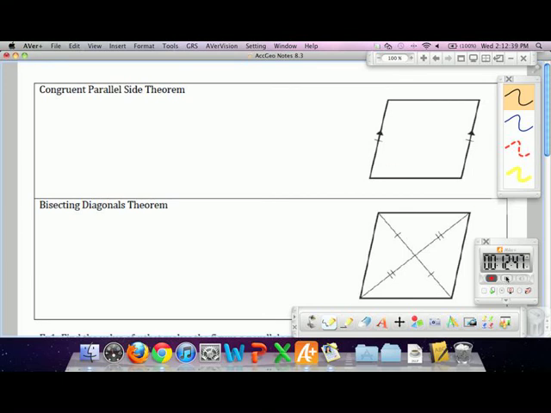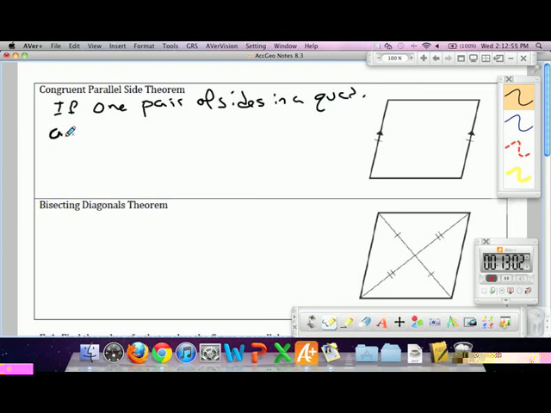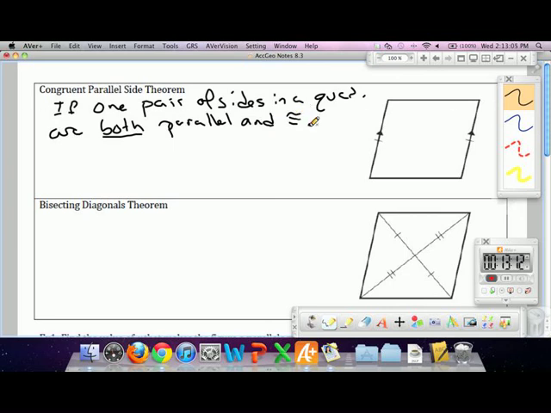The congruent parallel sides theorem says that if one pair of sides in a quadrilateral are both parallel and congruent, then the figure is a parallelogram.